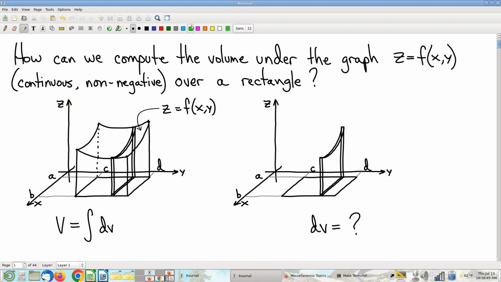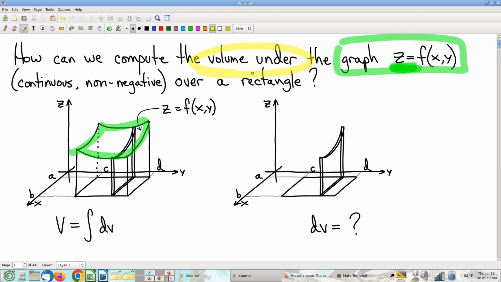I can look at the graph of that function. The graph would be some surface. And I could very reasonably ask, what is the volume under that graph, specifically sitting over a particular rectangle in the xy plane?